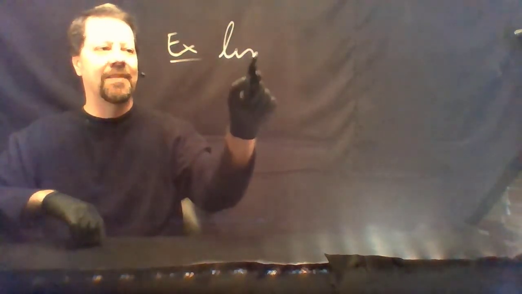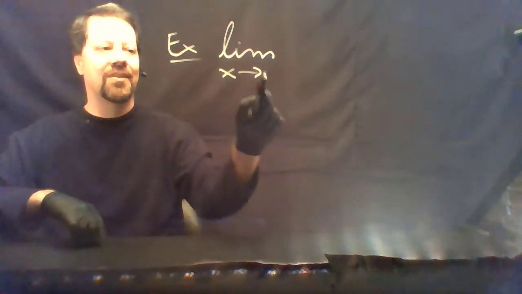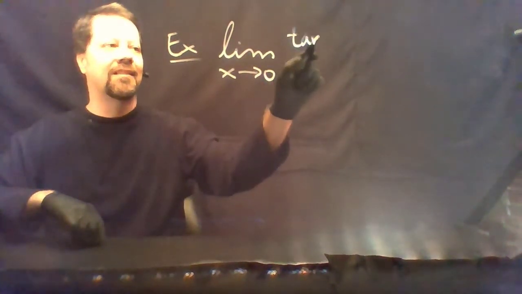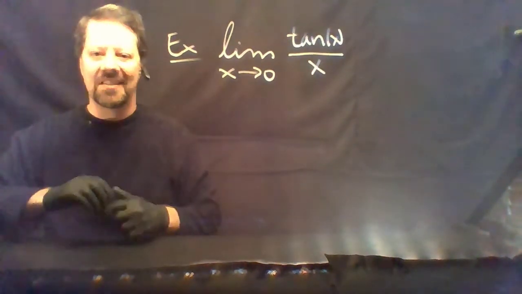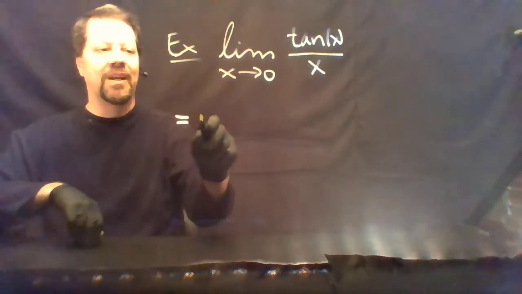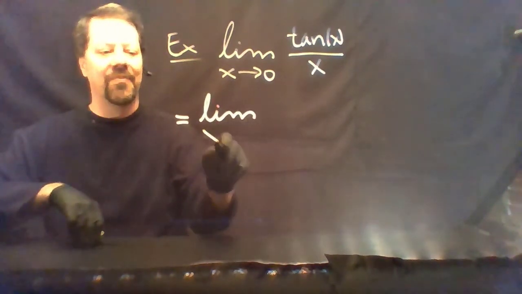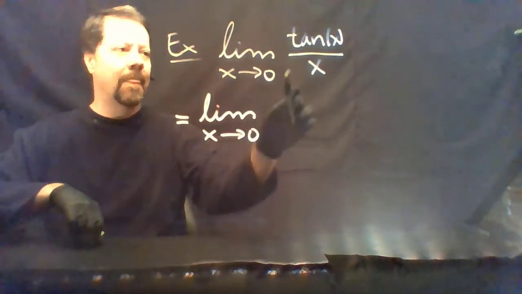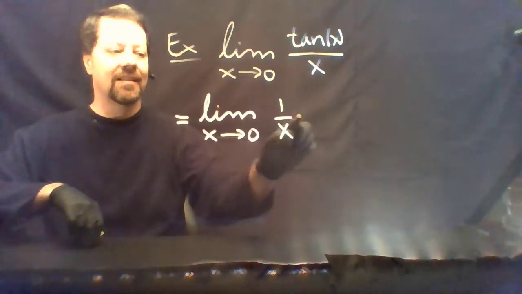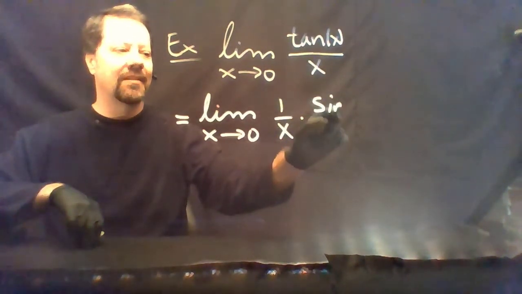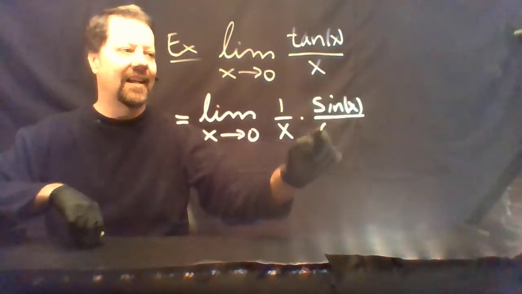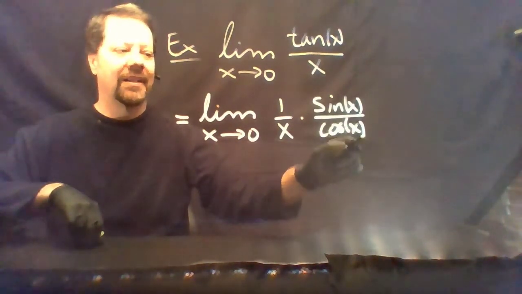Let's take the limit as x goes to 0 of the tangent of x divided by x. We can rewrite this as the limit as x goes to 0 of 1 over x times tangent, but tangent can be expressed as sine x divided by cosine x.